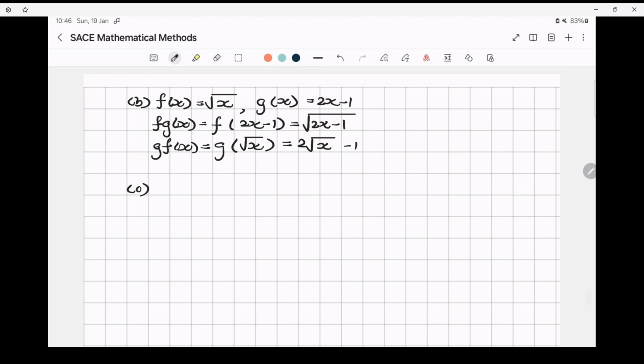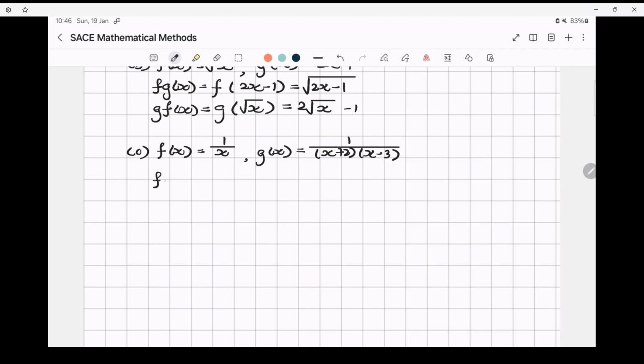The third example, let's say f of x is 1 over x, g of x is this whole thing: (x plus 2)(x minus 3), over 1.